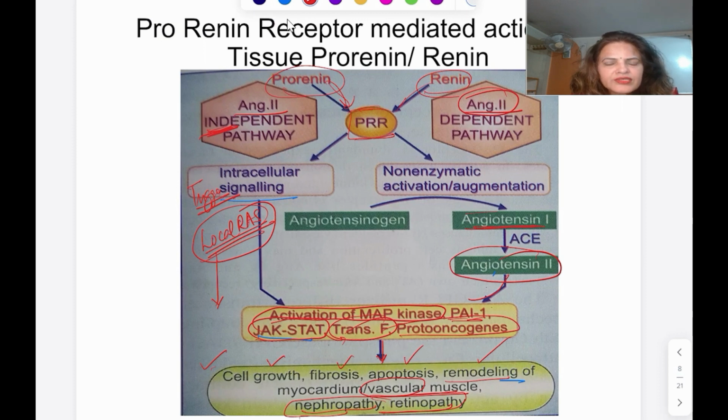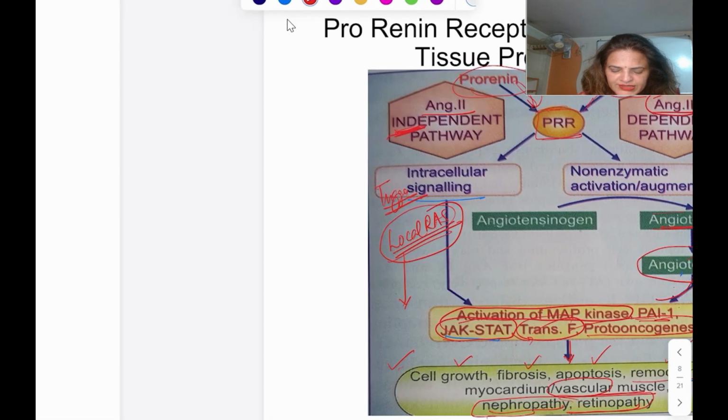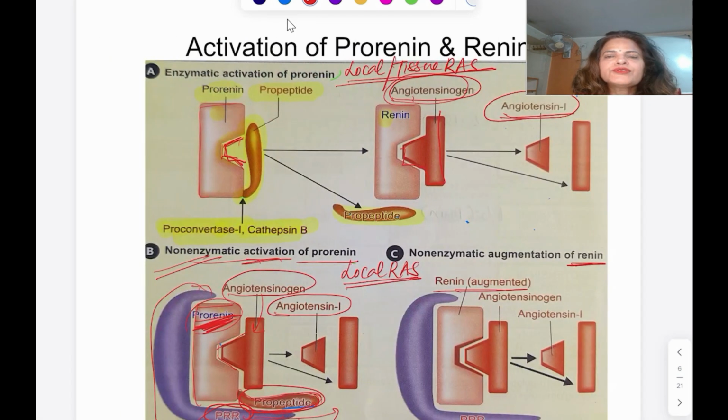There is enzymatic activation and there is non-enzymatic activation. Non-enzymatic activation is with the help of the pro-renin receptor, and that is the main pathway for the local RAS.